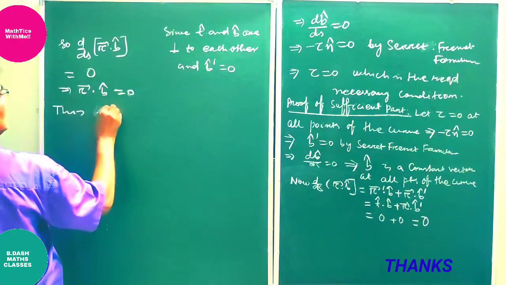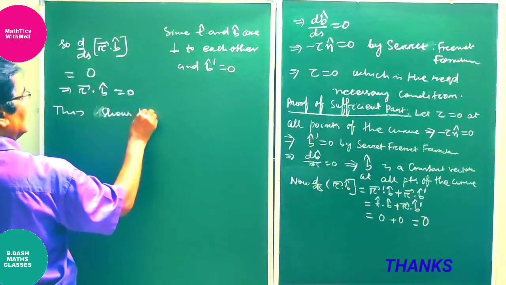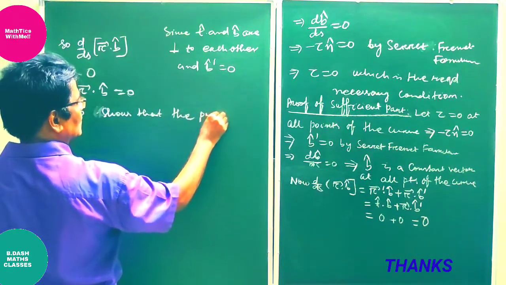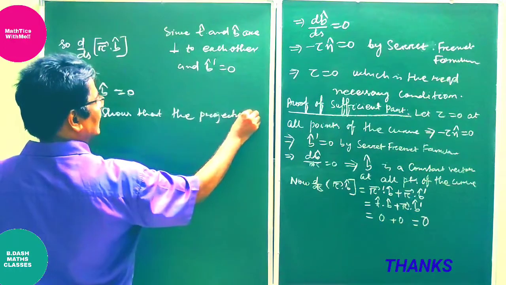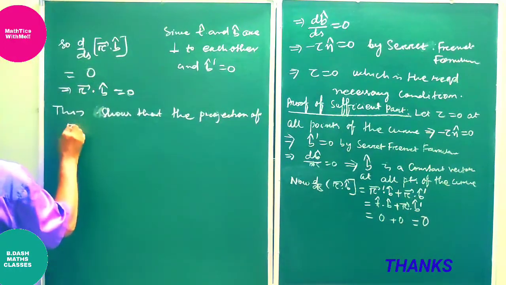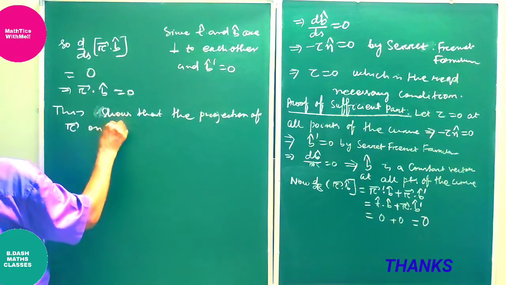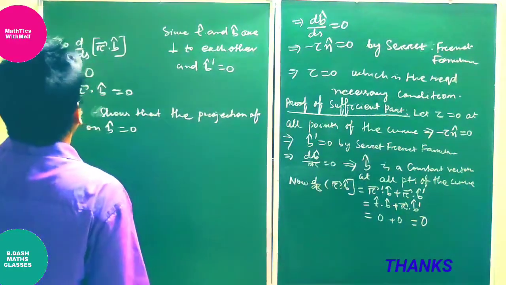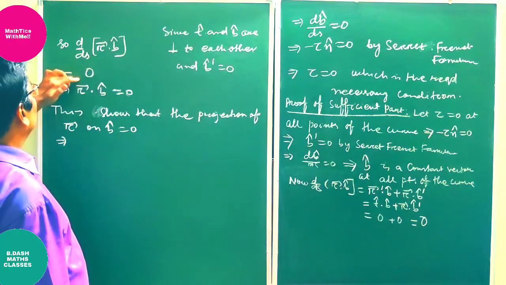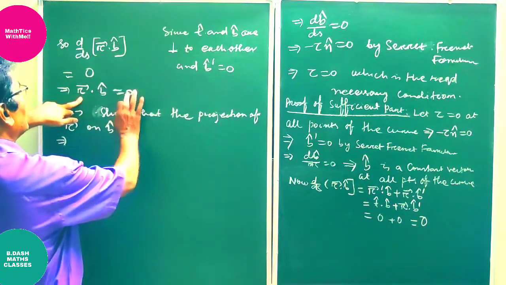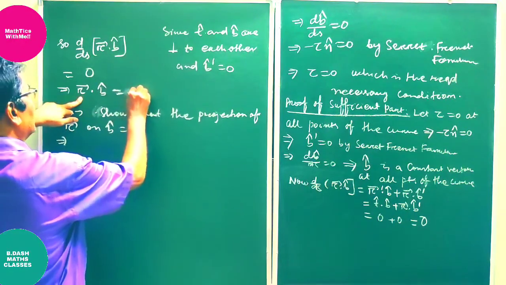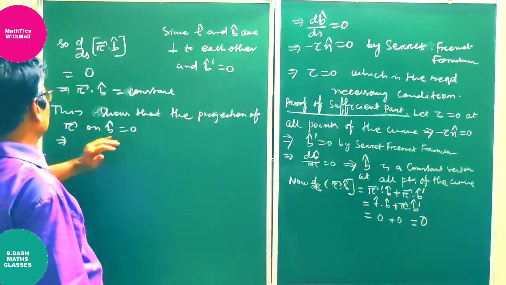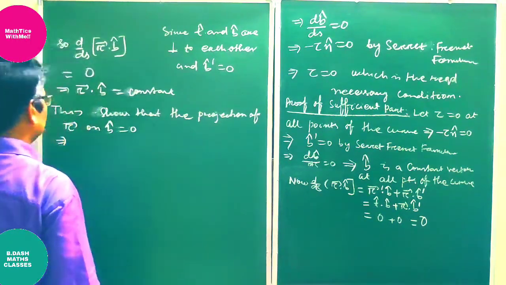This shows that the projection of vector r on b cap is constant.